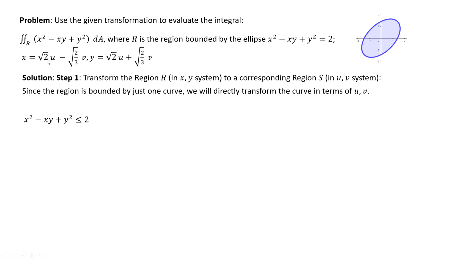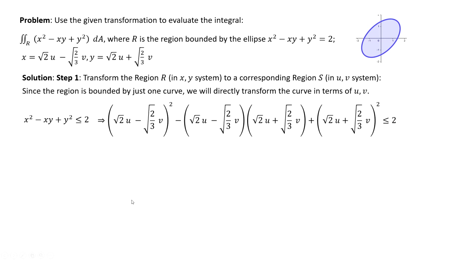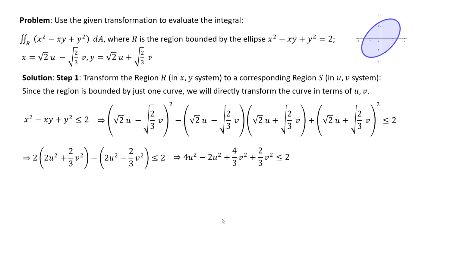By plugging x equals this and y equals this. Oh, brother. So that turns out to be blah, blah, blah, blah. And then you multiply all of this out. And it turns out this simplifies to a nice u square plus v square is less than or equal to 1.